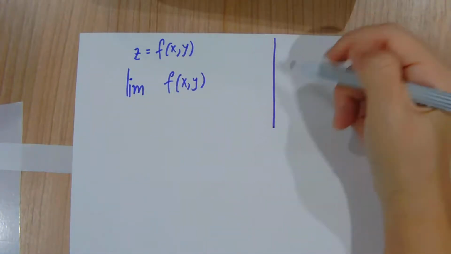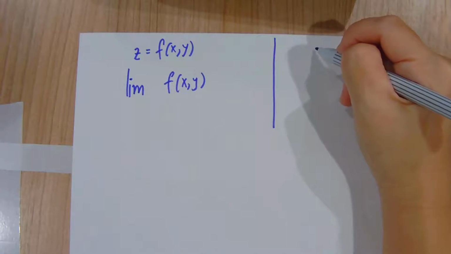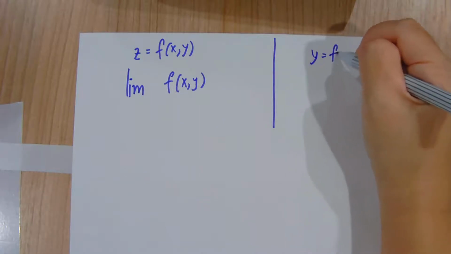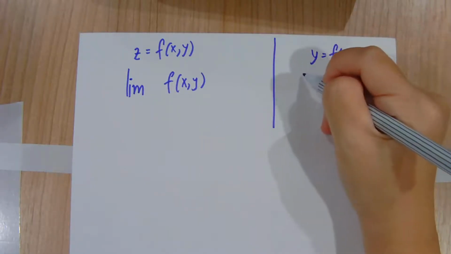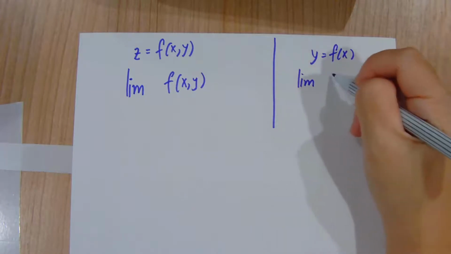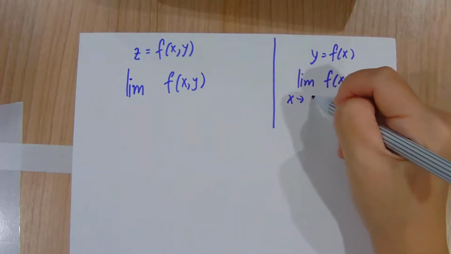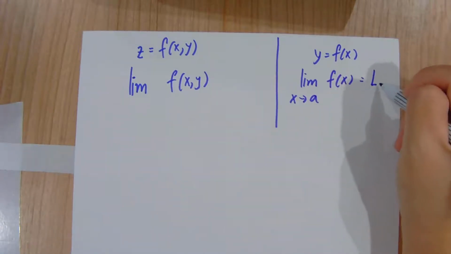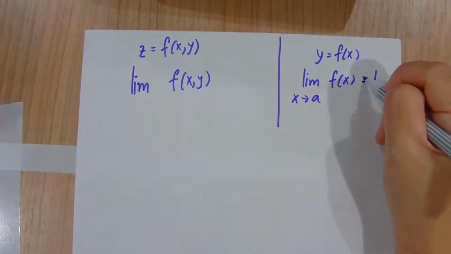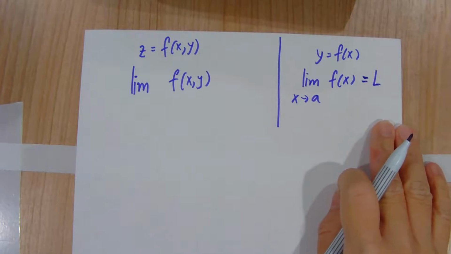So if we compare to the functions of a single variable, and we find the limit of the function f as x approaches any point a, if the limit exists, then it is in the set of the real numbers, okay?